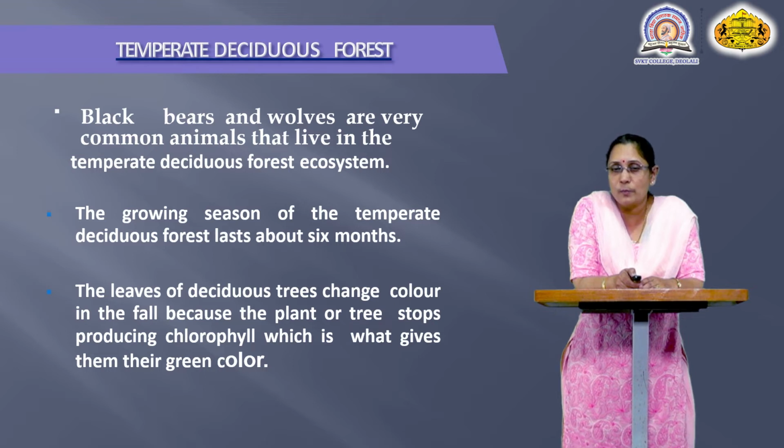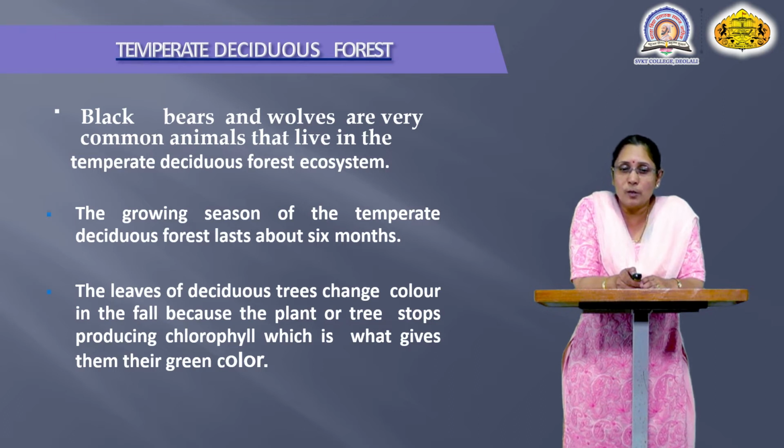The leaves of deciduous trees change their color in the fall because the plant or tree stops producing chlorophyll. We know very well that the leaf color is green, and that green color is only because of the chlorophyll pigments, right?